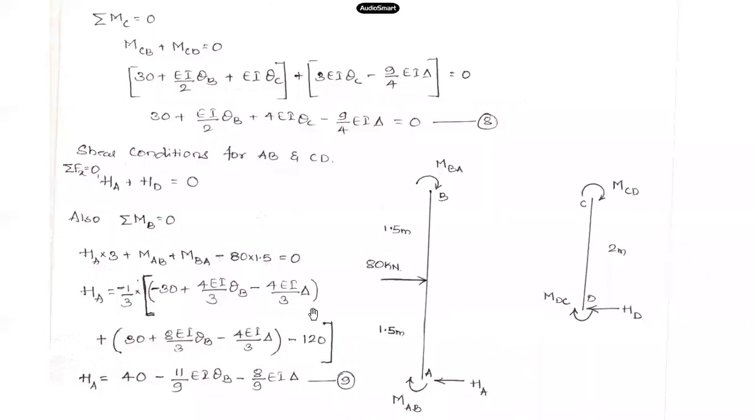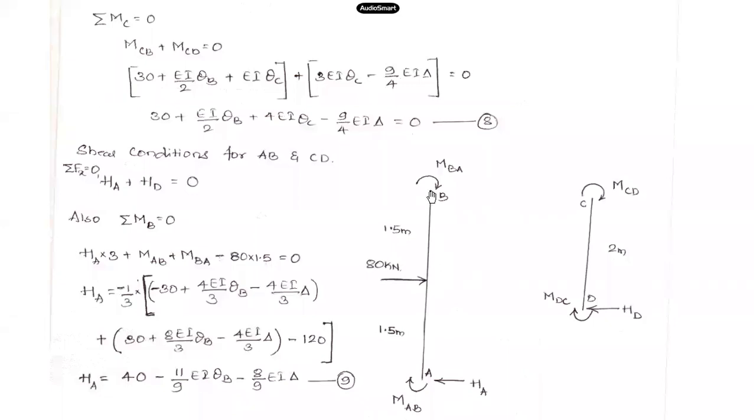So that is one, right? The shear condition says you have to take the reactions acting in horizontal direction, add them and equate them to the applied force in the horizontal direction. HA plus HD should come out equal to 80 kilonewton here. And how to get HA? Take this column AB, the member in which HA is there.